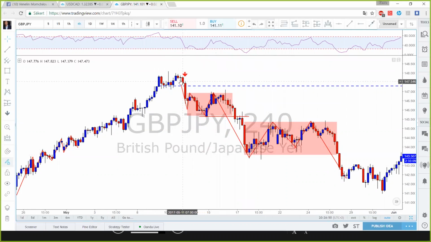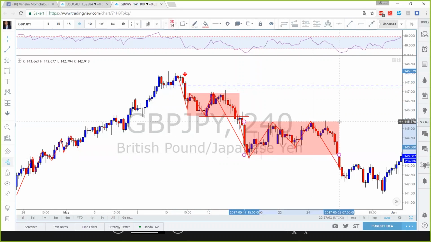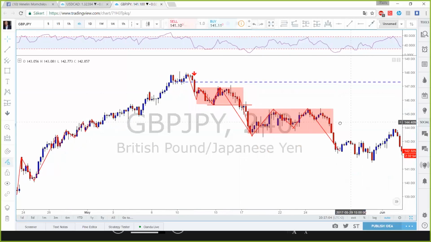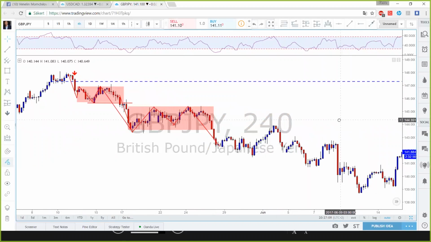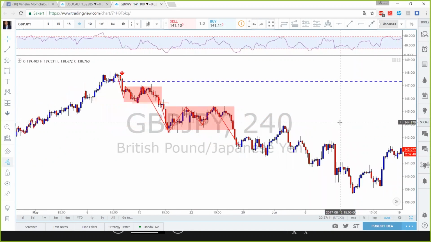This one was our first impulse, consolidation. Then we got another impulse to the downside, consolidation, and another impulse, and it just kept going down until where we are right now.